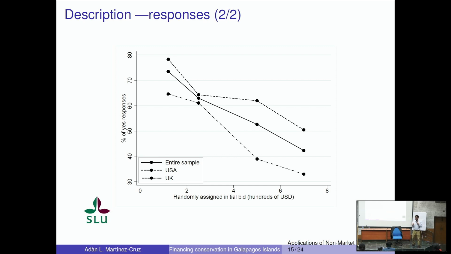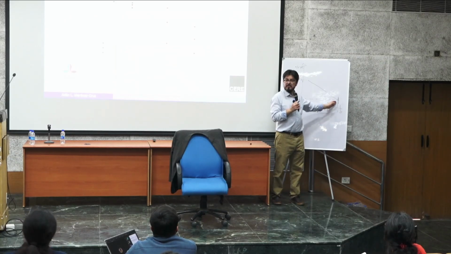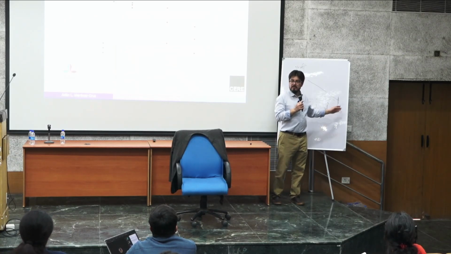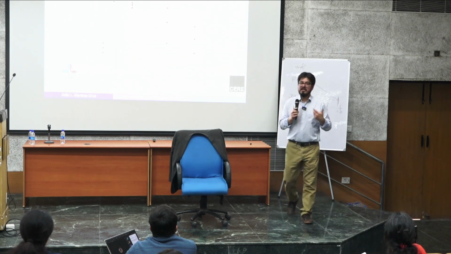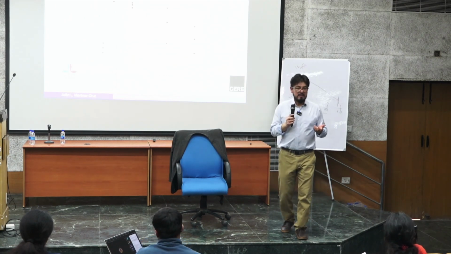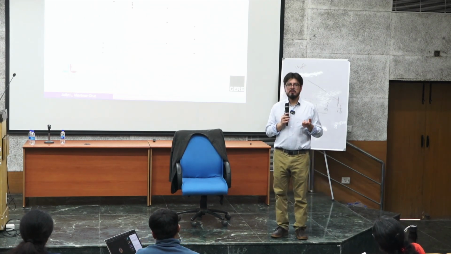But ideally, I recommend that for the range of prices that you consider, if you test them, 80% of the people say yes to the lowest bid, and 20% of the people say yes to the highest bid. That will be the range of prices that is relevant in your market. Does that make sense to you?